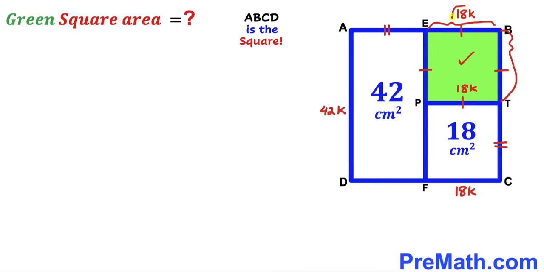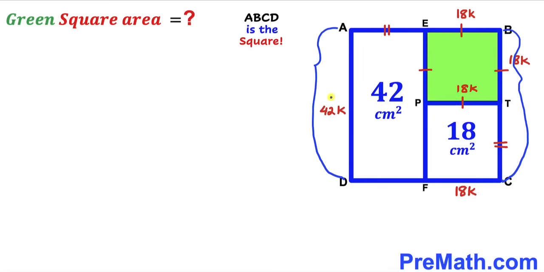If this side is 18 times k, then this side has got to be 18 times k as well. And furthermore, this whole side BC length has got to be this side AD length. We know this side length is 42 times k. So therefore this side is going to be 42 times k as well.